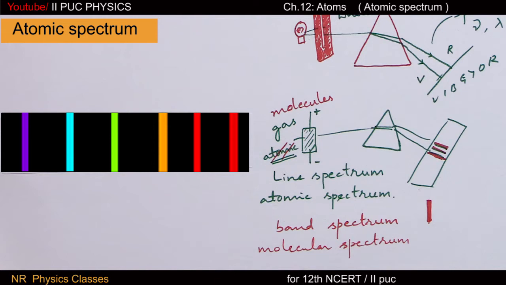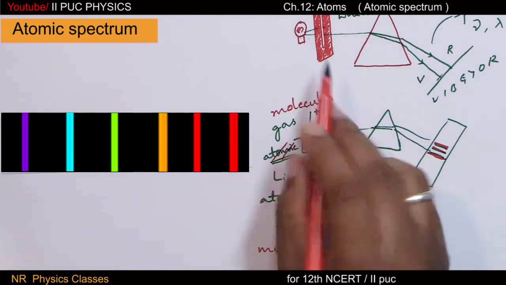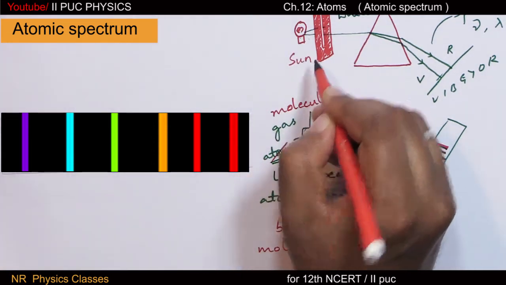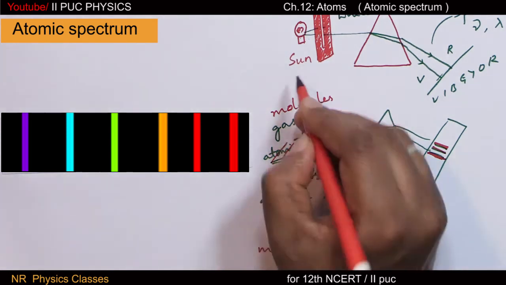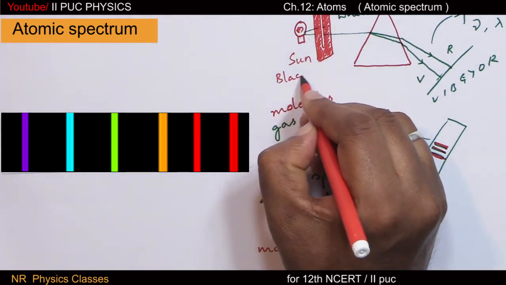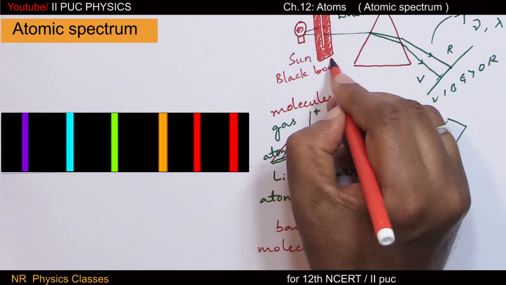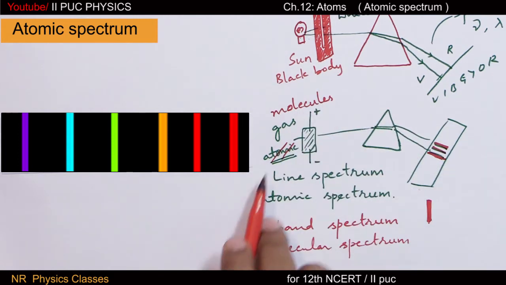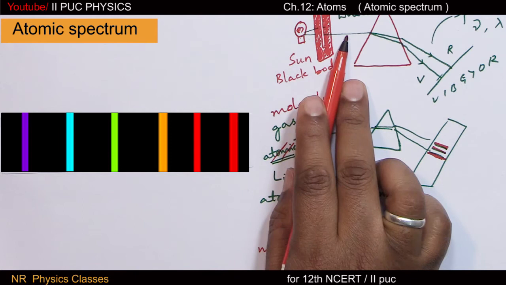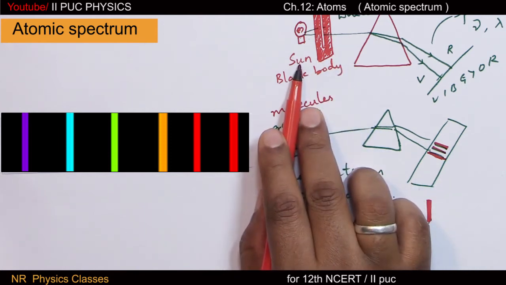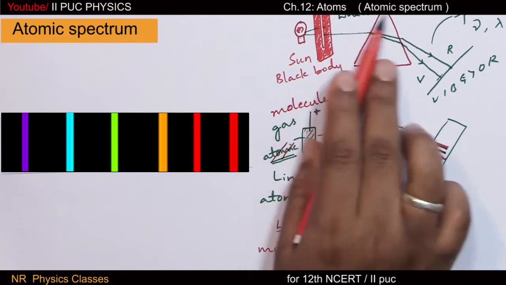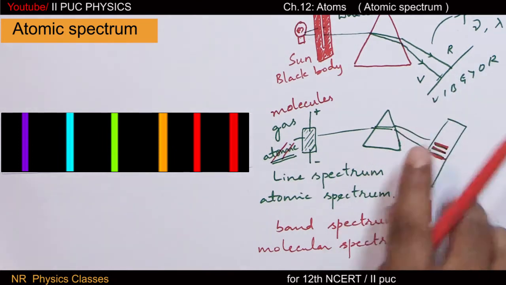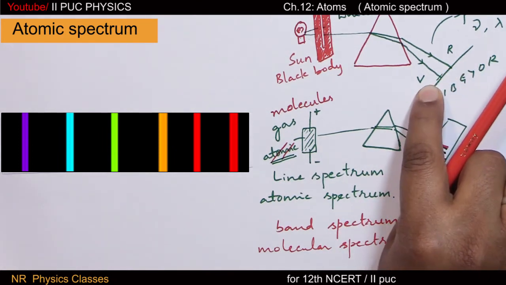Suppose tungsten filament, sun, or black body. Last year you have read about black body radiation. If light from black body or sunlight is made to pass through a dispersive medium and spectrum is obtained, we find almost all colors.